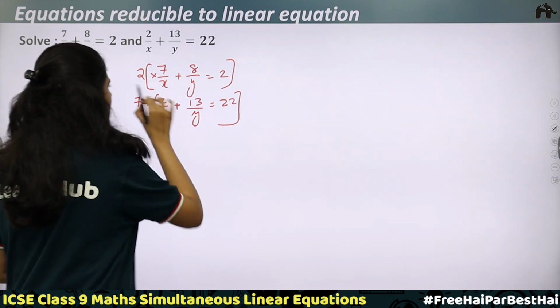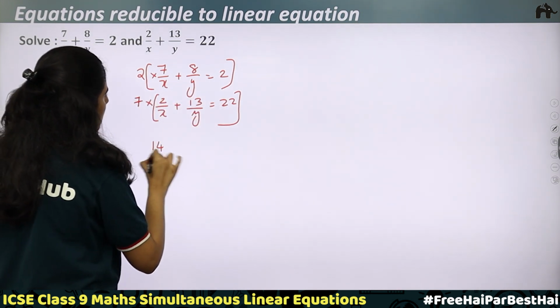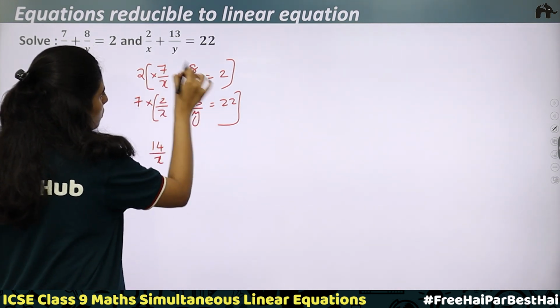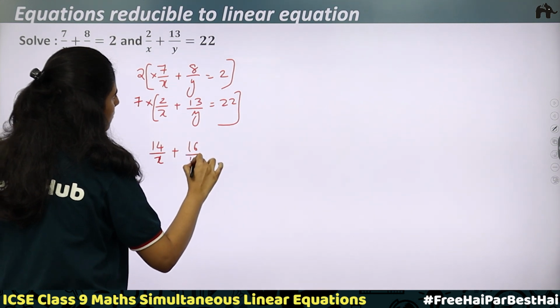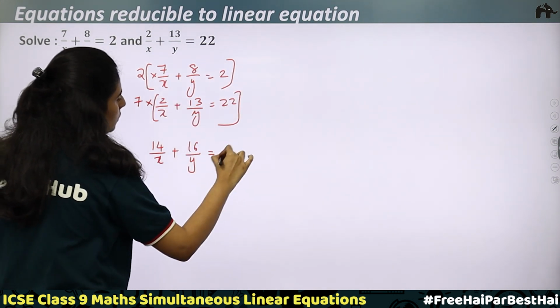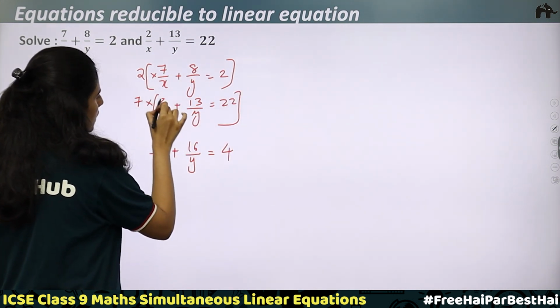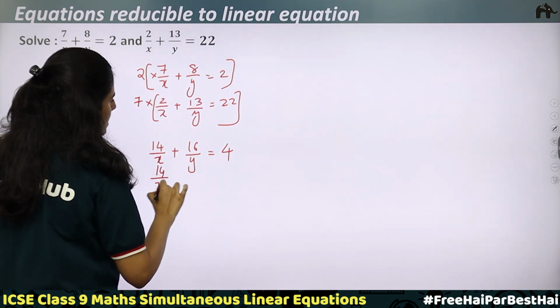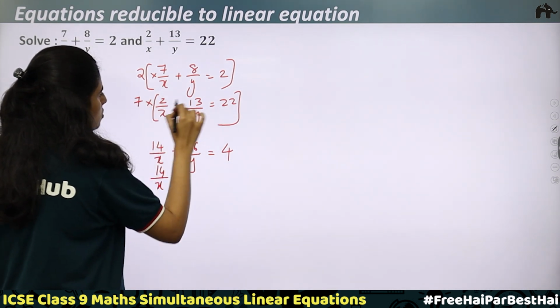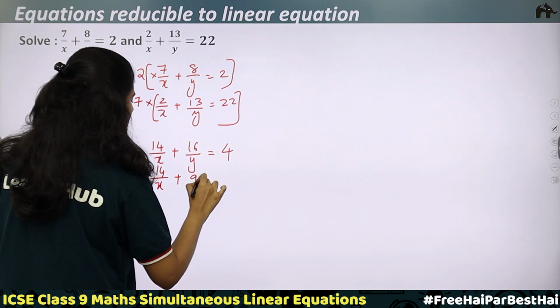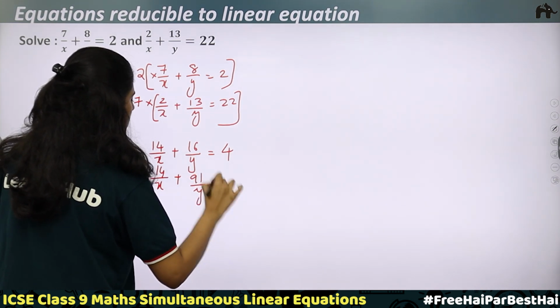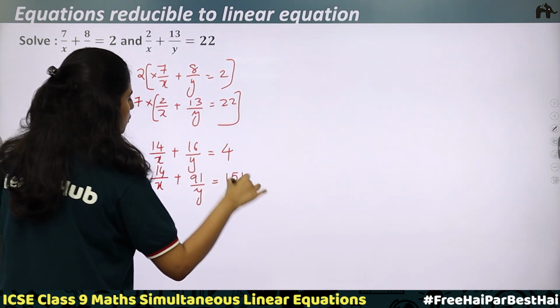Then what do we get? The first equation becomes 14 by x plus 2 into 8, 16 by y is equal to 2 into 2, 4. And 7 into 2, 14 by x plus 7 into 13, that is 91 by y is equal to 154.